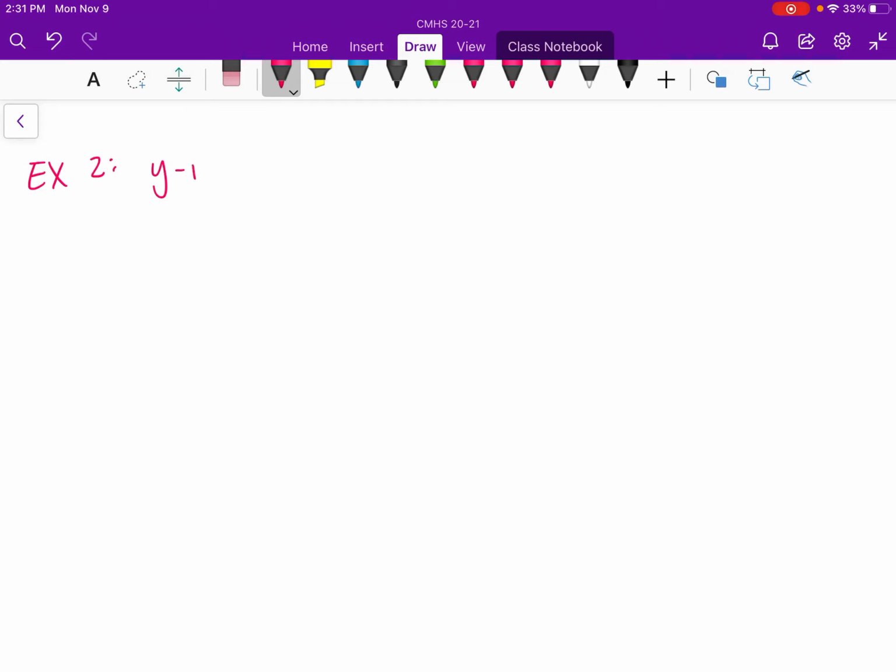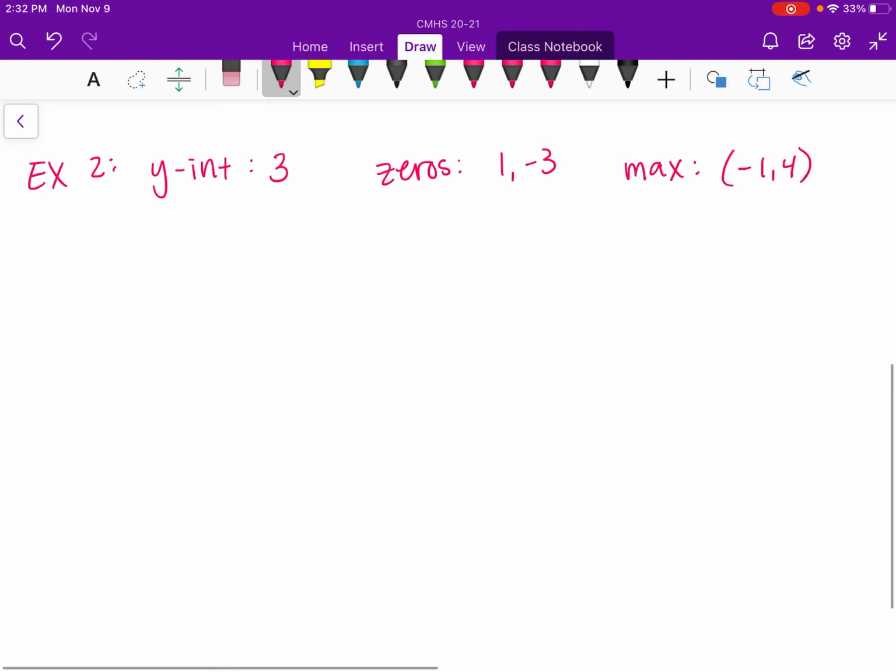So first one, the y-intercept is 3. There are 2 zeros, one at 1 and one at -3. There is a relative max at (-1, 4). A line of symmetry at x equals -1.